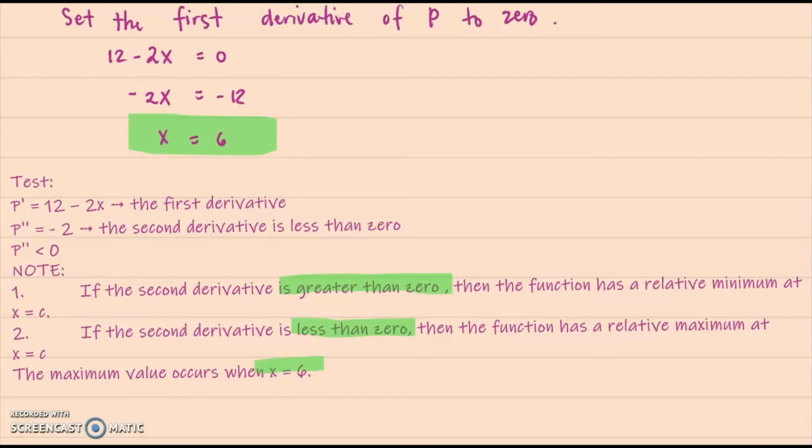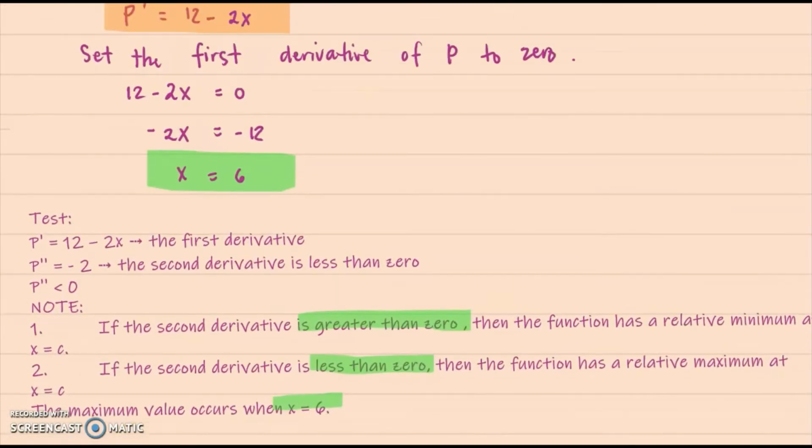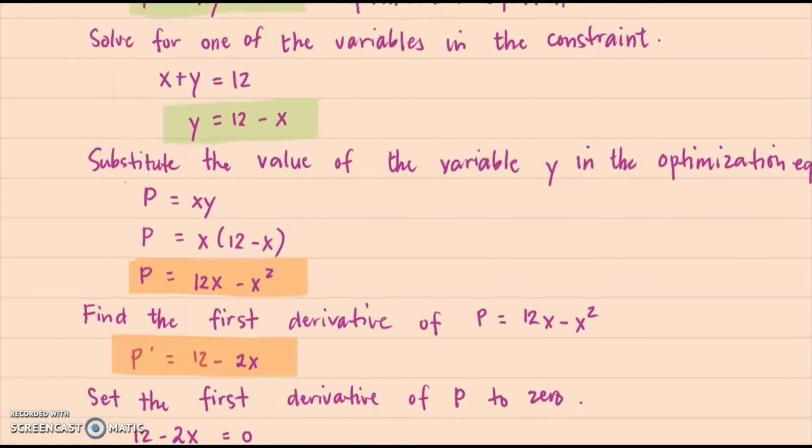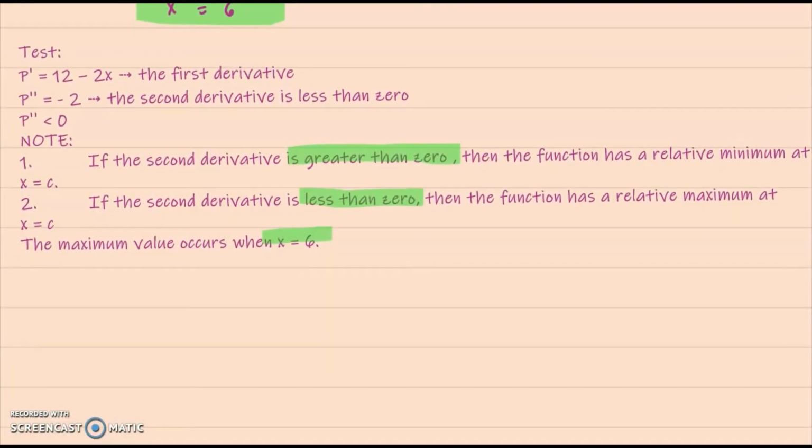Now we can solve for the value of y. We will go back to our equation y equals 12 minus x and use it to solve for y. So y is equal to 12 minus the value of x, which is 6.